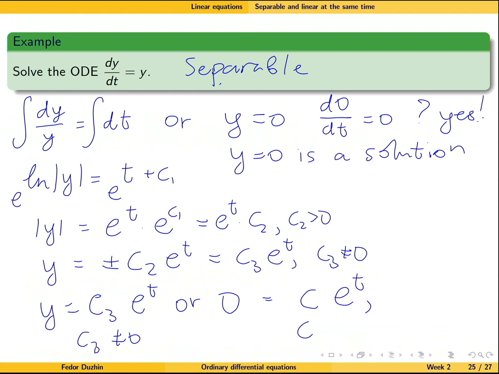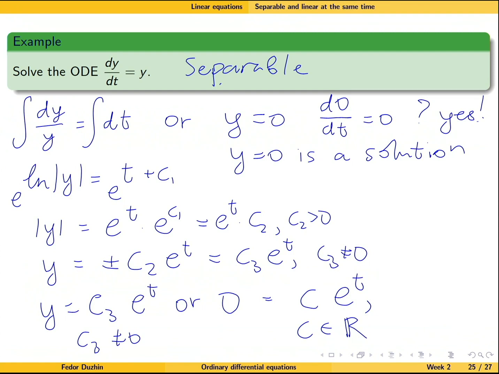I'll just write any real number. Because if c is non-zero, then it can be associated with c3. And if c is 0, then 0 times e to the t is just 0, and 0 is a solution, so it is correct. Okay? So my point is that the final answer is c times e to the t, where c is any constant.